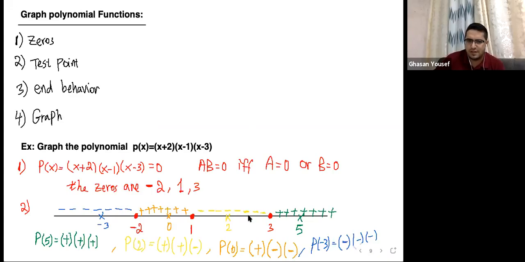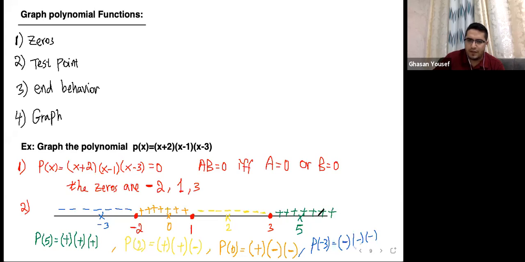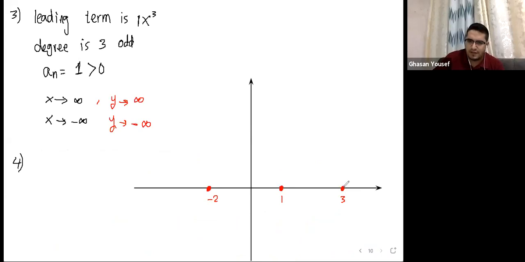Okay, so now the zeros are 3, 1, and minus 2. It is 3. It is 1. And here is minus 2. Now, if it's positive, the curve should be above the x-axis. Above the x-axis, so the curve should be like this. It's a green color.